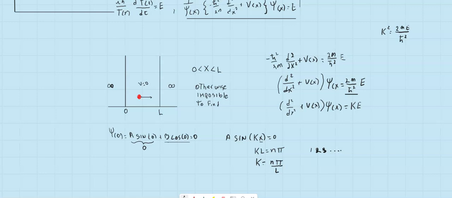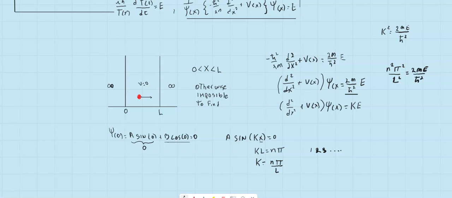So I'm going to put it over here, and it's going to be k squared, right? So I'm going to have n squared pi squared over L squared, and all of this is equal to 2mE over h bar squared.